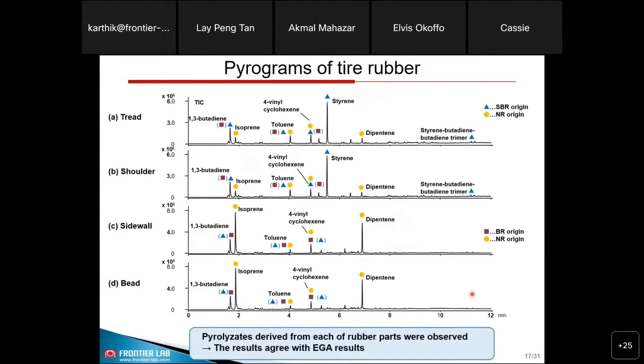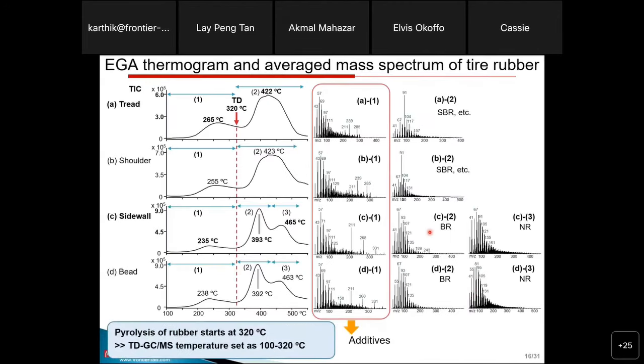After evolved gas analysis, you use the information on the temperature for a single shot of flash pyrolysis. What you see here is pyrolysis followed by GCMS. In EGA you are not using any GC column, so there is no separation. The separation that you see as peaks is basically due to the temperature, so the x-axis is temperature here.